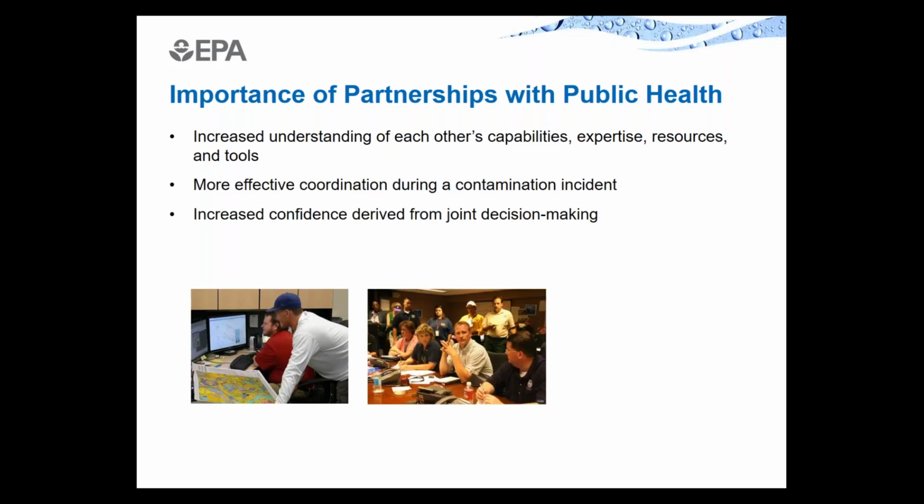Furthermore, an active relationship with public health partners would enable more efficient and coordinated communication during a possible contamination incident. And the shared responsibility and joint decision-making during an investigation of possible water contamination would serve to increase confidence in the decisions and response actions made during that situation.